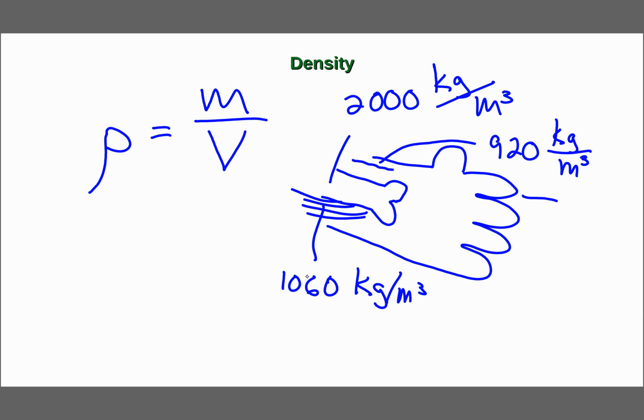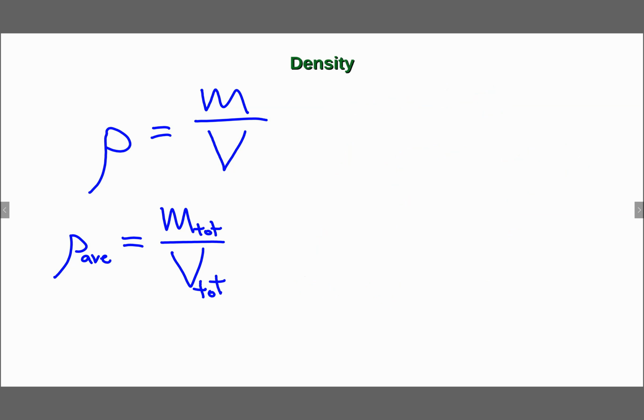It's everything inside the skin. The total mass of the object divided by the total volume will give you the average density of the object. So yes, your body is made up of a whole bunch of different things that all have varying masses, but the average density of your body is your total mass divided by the total volume.